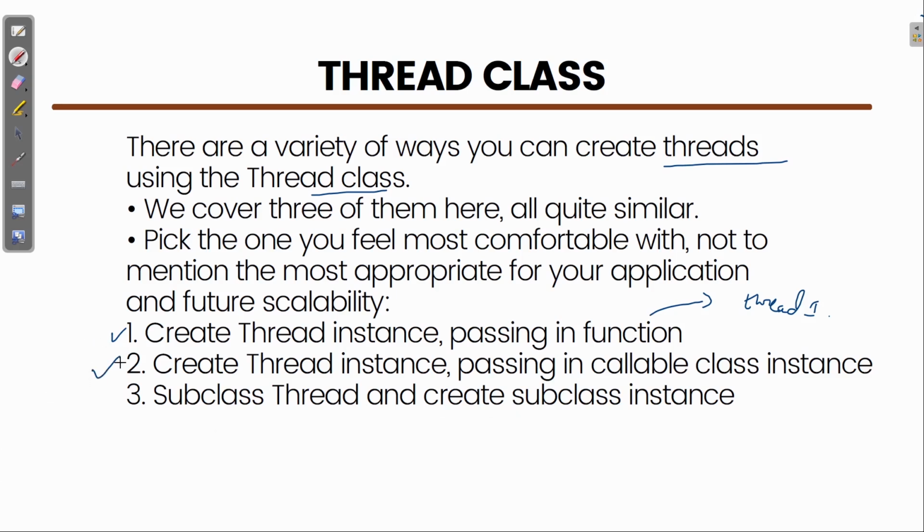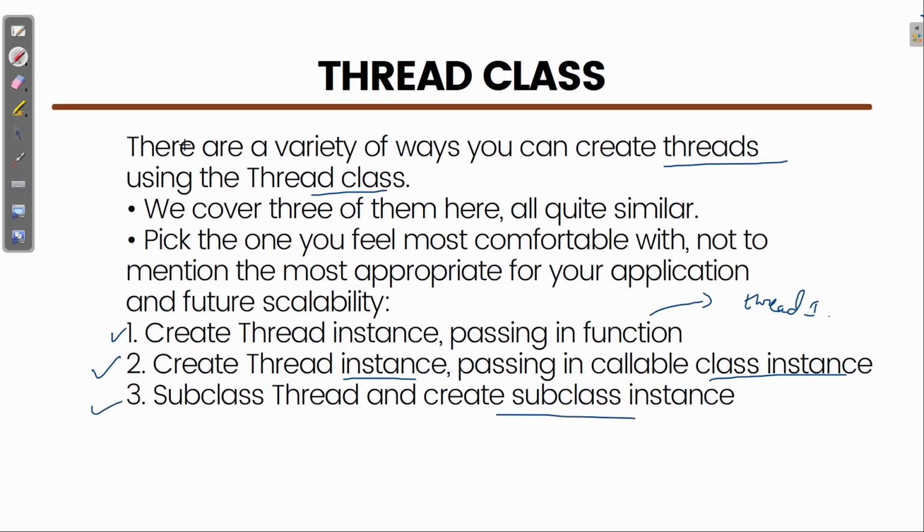Second is create a thread instance passing in a callable class instance. Same way, we need to create the object of the thread class. If you remember the concept I have already explained, instance simply means creating an object of the class. So we can pass the callable class instance inside that thread instance. Next is subclass thread and create a subclass instance.